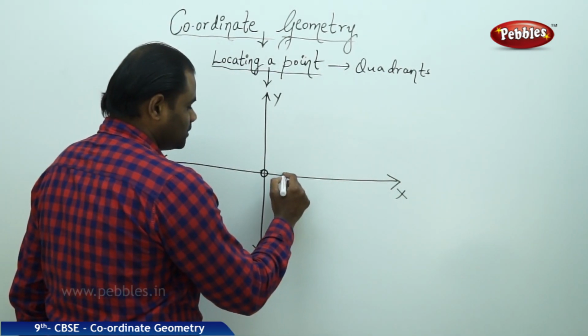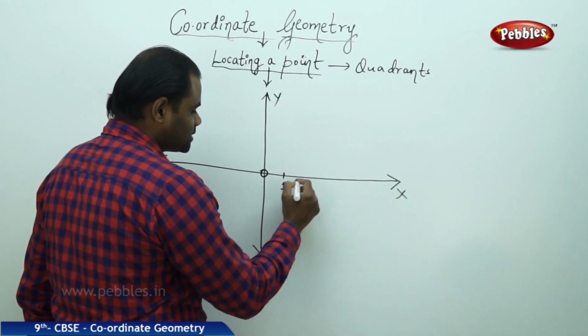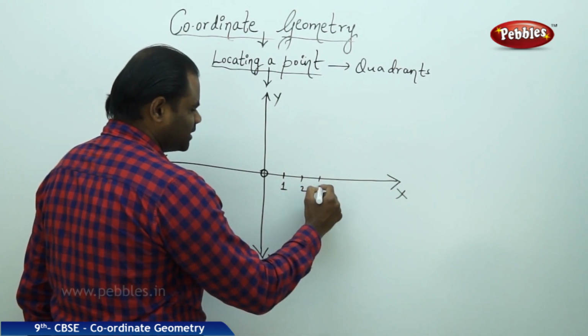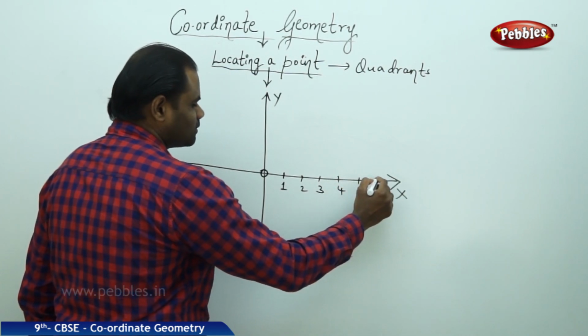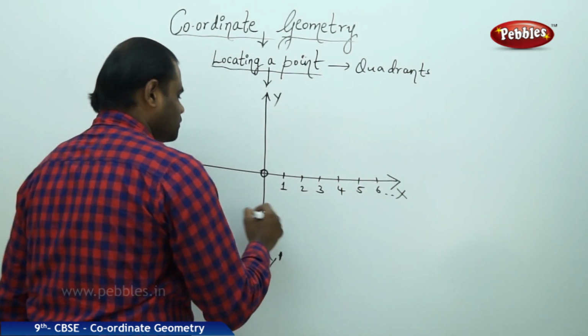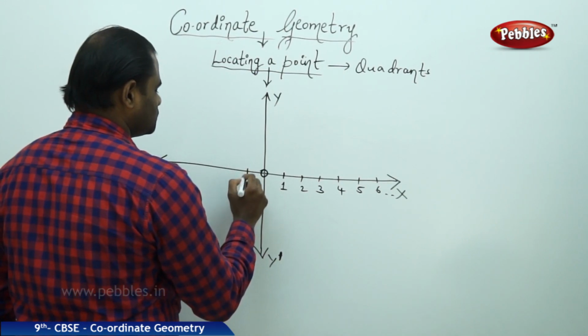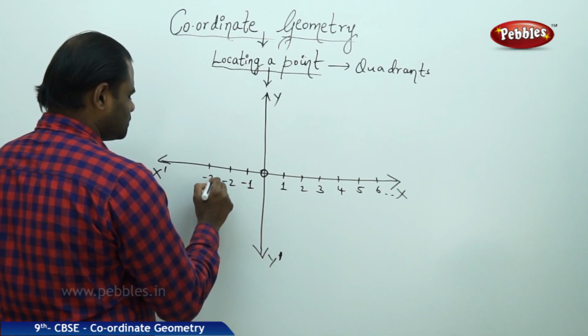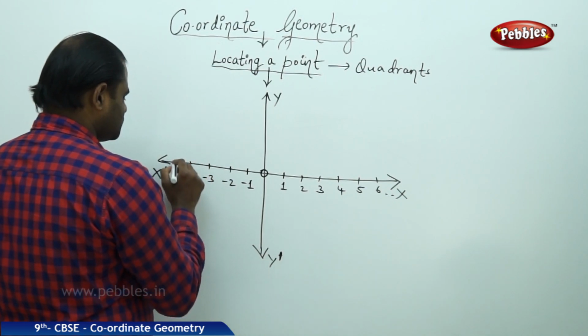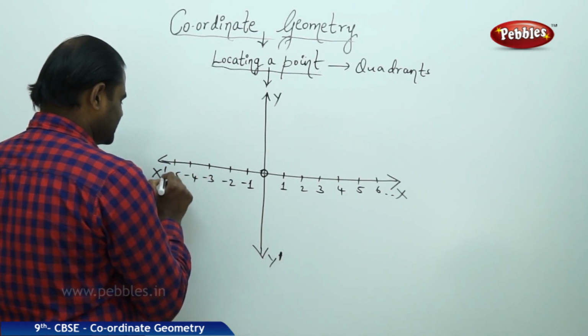So here I have the positive x values as discussed, and let's locate them with 0, 1, 2, 3, 4, 5, 6 and so on and so forth. Negative 1, negative 2, negative 3 and etc.